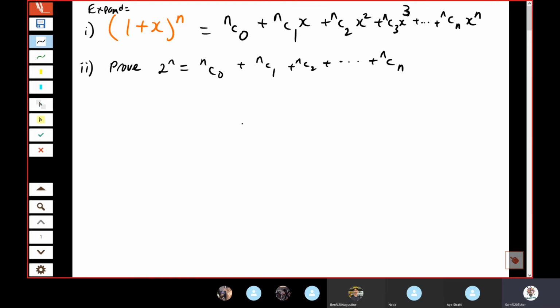Firstly, before we say an idea, can anyone tell me from what they can see in double I compared to I, what's different? That's a really important skill to get used to. So look at what you're trying to prove, look at what was given in I, and obviously what's different. There's no x.